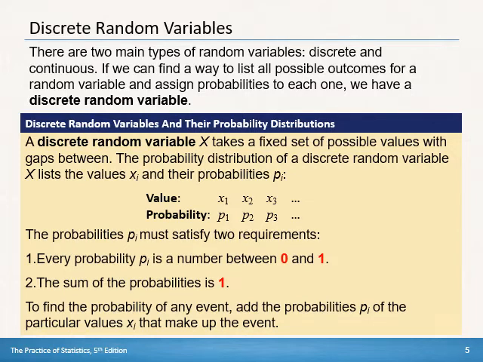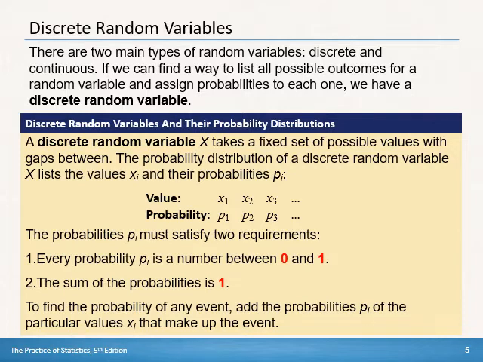And then underneath that, we say p sub 1, that would be the probability of the first possible outcome of X, and then p sub 2 and p sub 3. So we have, in table form, the first row of all the possible values of the random variable, and then the bottom row is all of the corresponding probabilities. And we know this is discrete because we would not be able to list all the possible values of a continuous random variable.